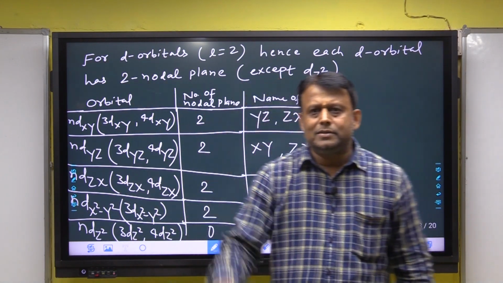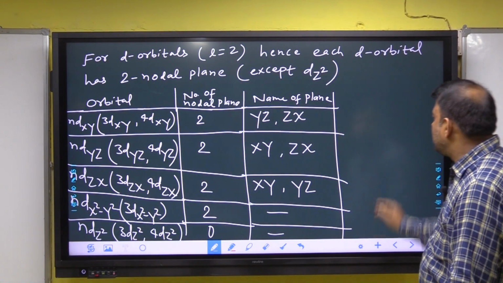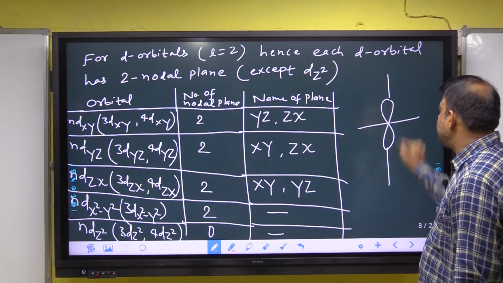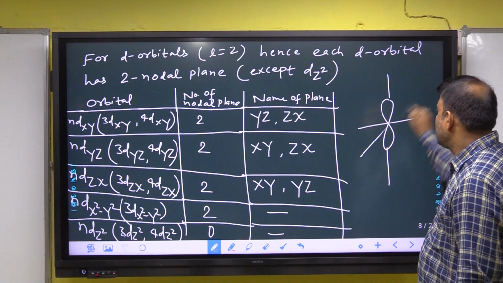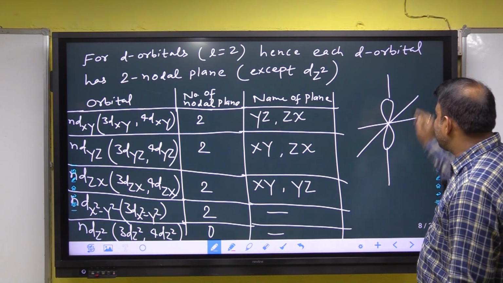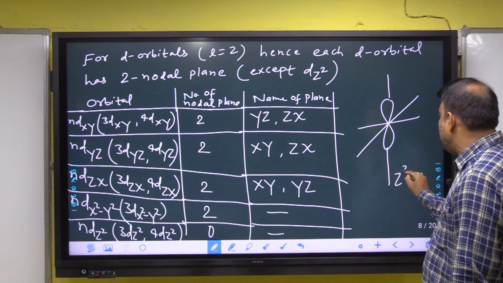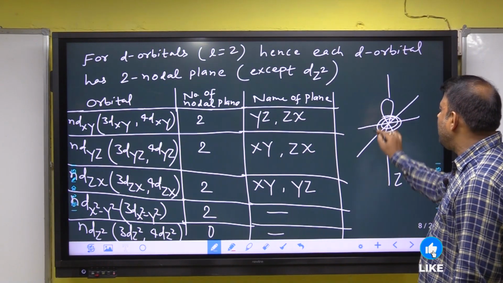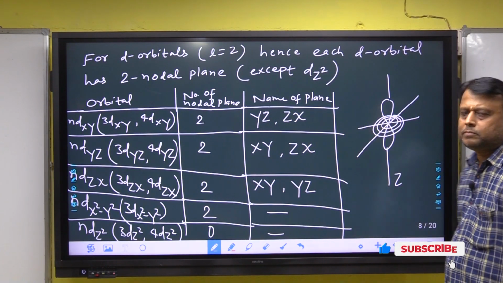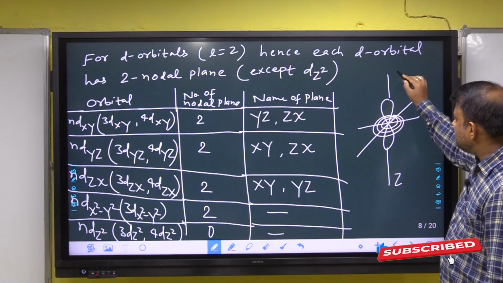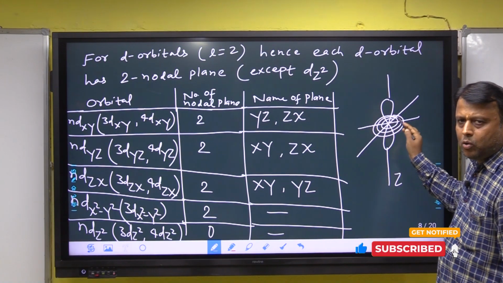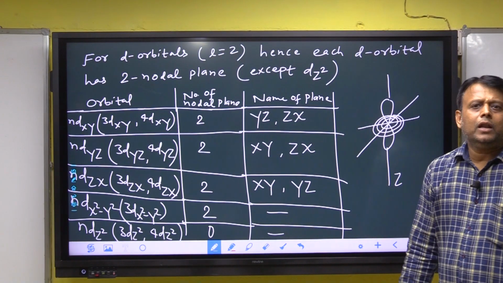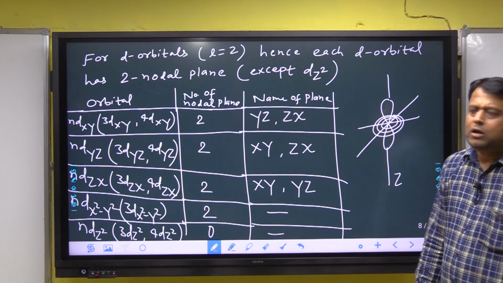Dz square has 0 nodal planes because dz square has a special shape: one dumbbell on the z-axis and the other rotating along the z-axis.